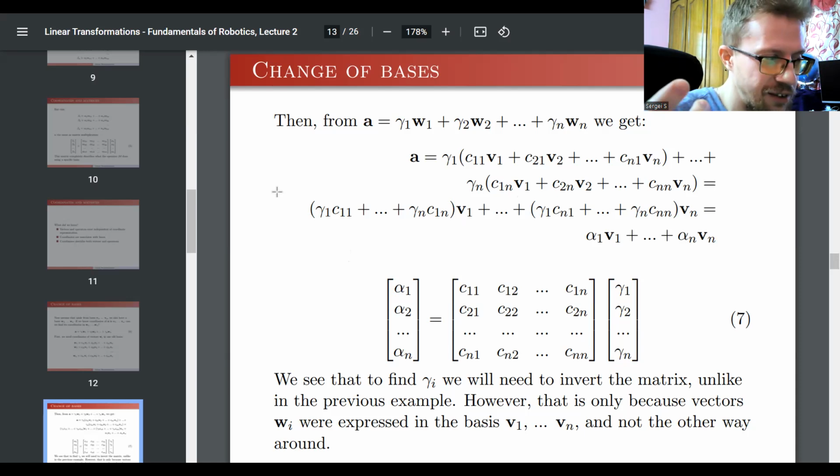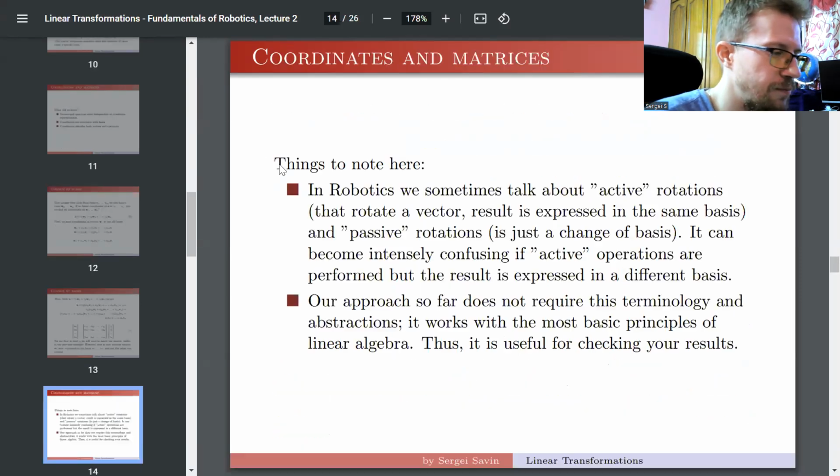And again, then change of basis becomes a matrix. So you notice that we have twice arrived at the vector matrix multiplication, but doing completely different things. So let's note two things.